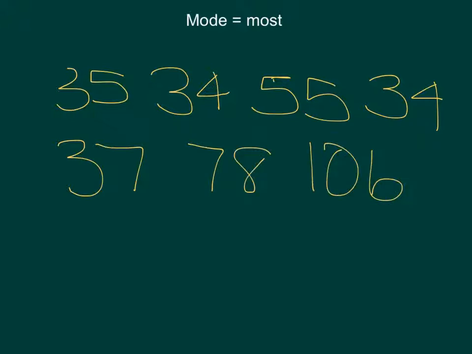The number that occurs the most here is 34. So that would be your mode. The mode would be the number that occurs most often. Sometimes we have more than one. Sometimes, it might be two numbers that reoccur or repeat. So it's just figuring out which number is repeated the most.